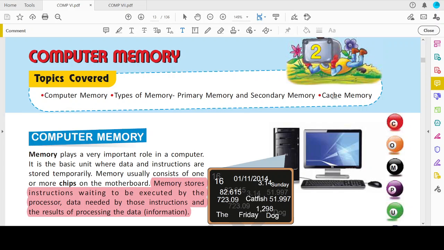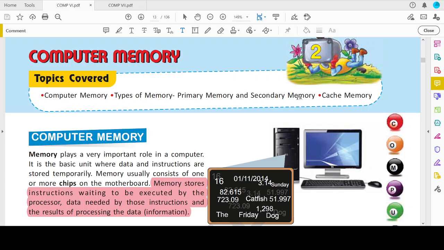So, the frequently used data and instructions are kept in the cache. Whatever instructions are executed frequently, and whatever data are required by the processor, are kept in the cache.